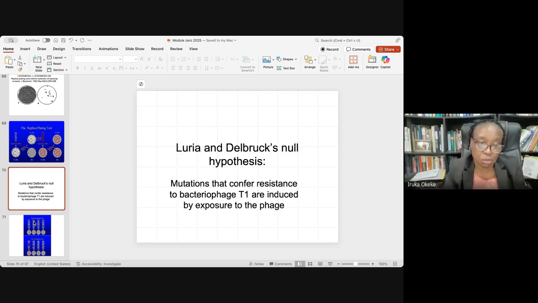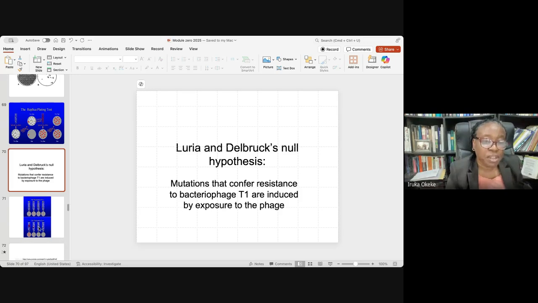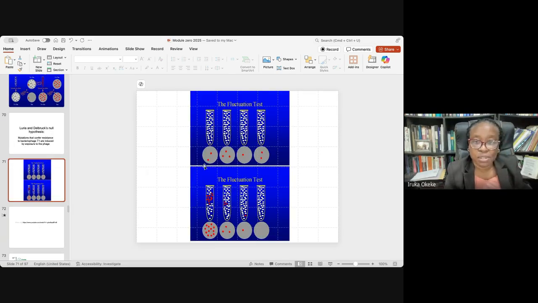So they did the experiment. They did a big tube, and then they did little tubes. If the phage were causing the bacteria to be resistant, we should see the same results in the little tubes.